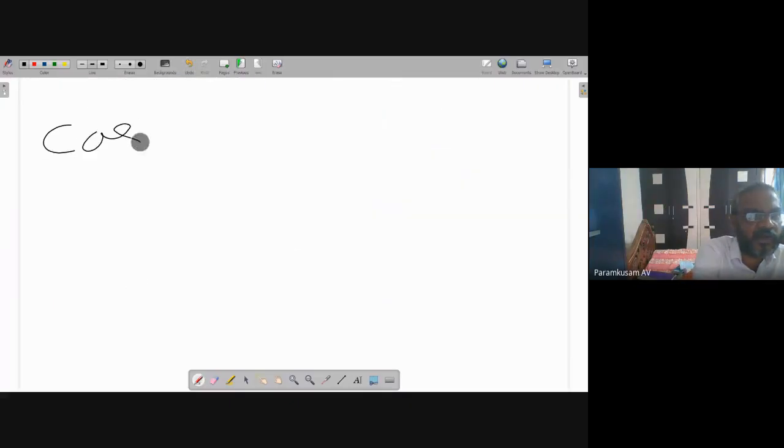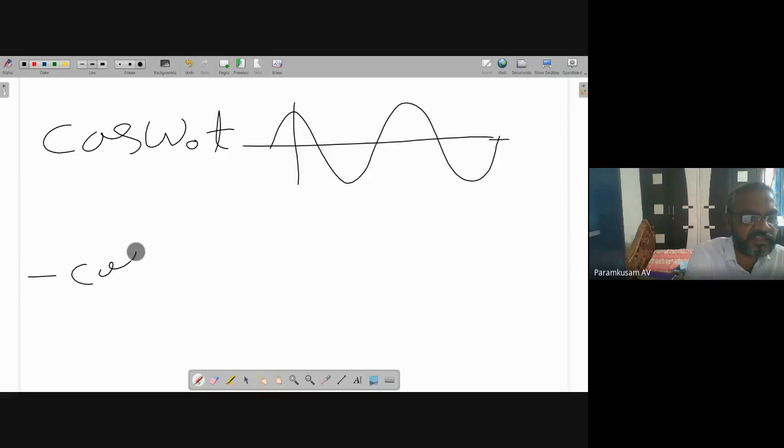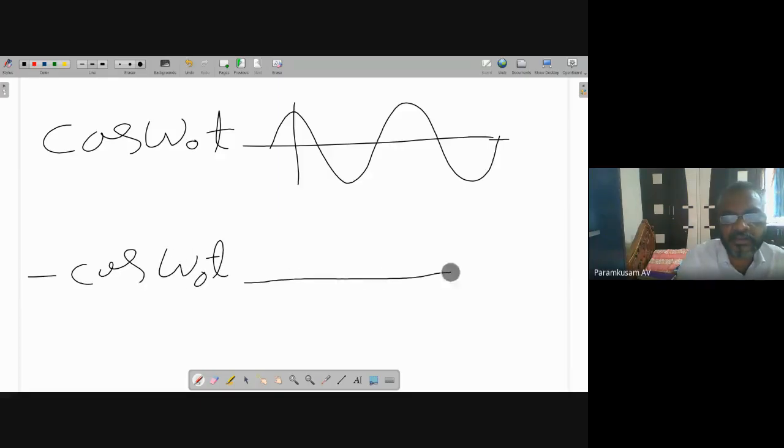If I ask you to draw the cos omega naught t, you can draw like this. Okay, this is cos omega naught t. Then can you draw the minus cos omega naught t?